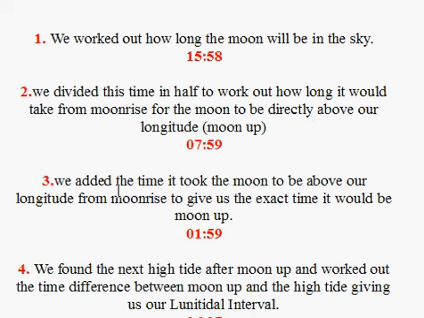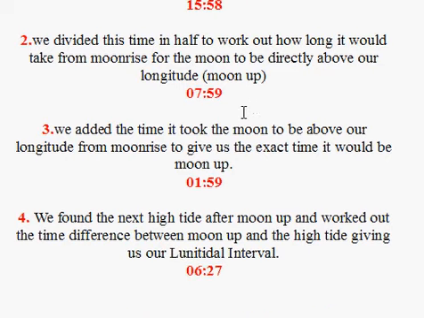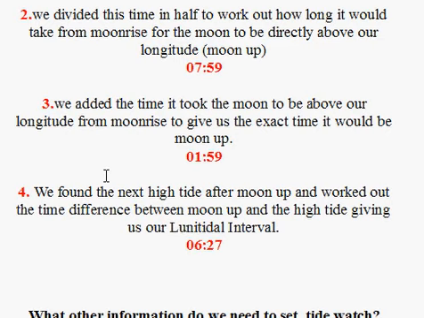So what we done now was we added the time it took the moon to be above our longitude from the Moonrise to give us the exact time it would be moon up. So in other words, we know Moonrise was 1800 hours. We added 7 hours 59 minutes up onto that, and we came up with 1:59 in the morning. So we know on the 13th of the 12th 2011 that moon up will be 1:59 in the morning AM.